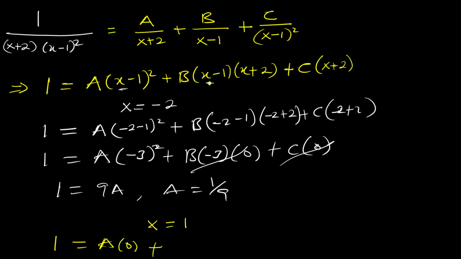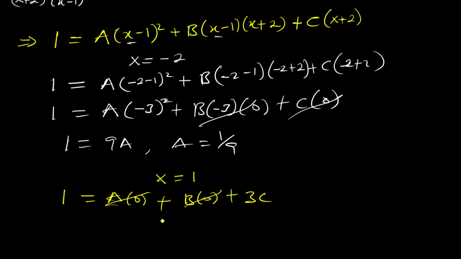Plus, if I put 1 here, this side is 0, 0 times this one will turn to 0. So when I put 1 here as well, I get 3C. Therefore, 1 equals 3C. My C is 1 over 3.